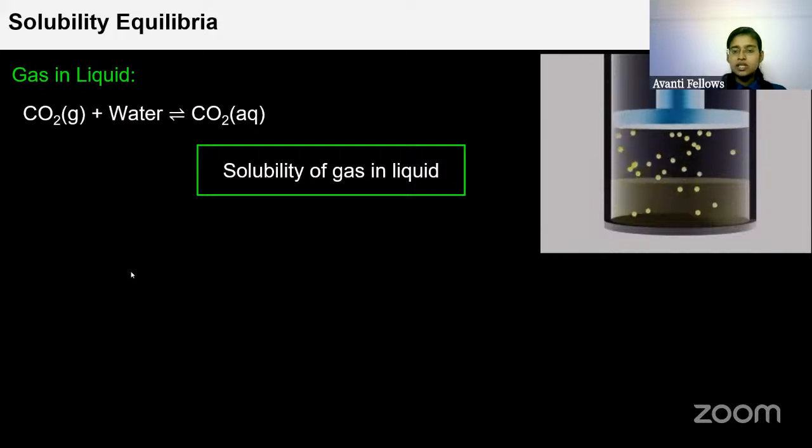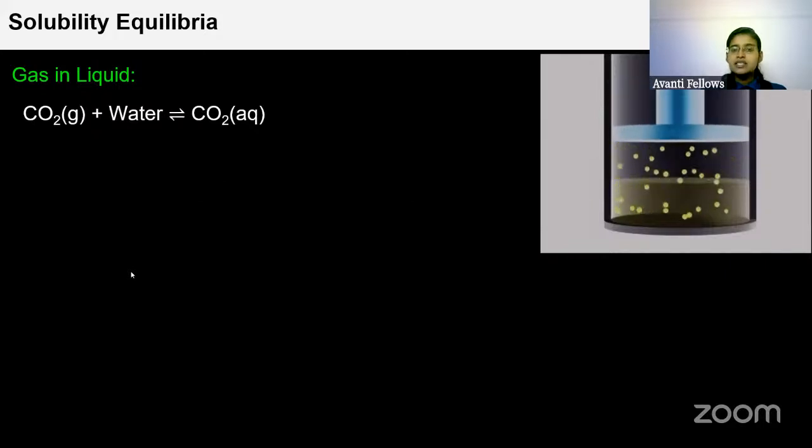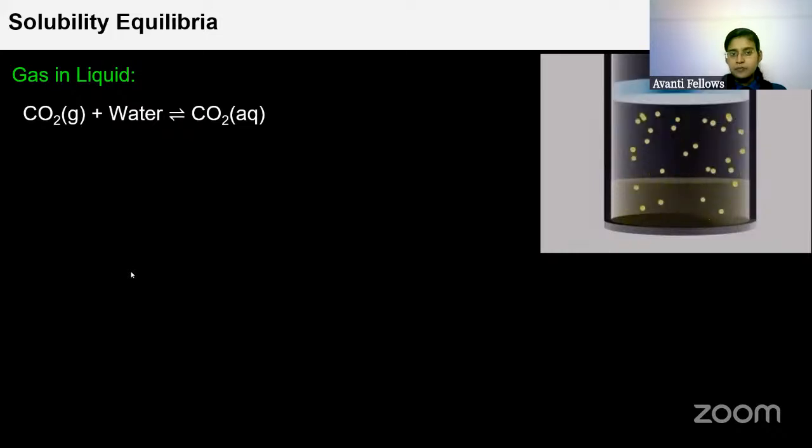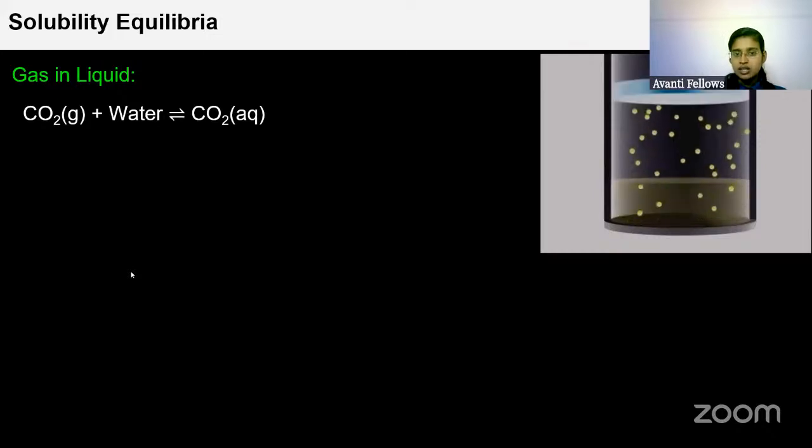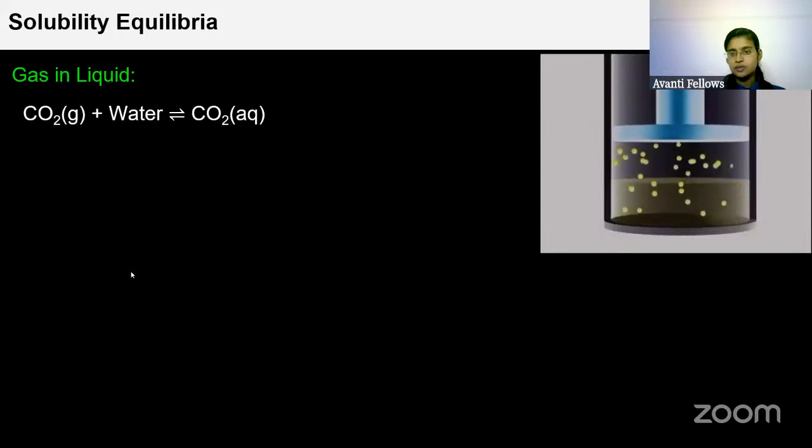So now the next is gas and liquid equilibria. Initially, I discussed solid and liquid. Now we have taken gas and liquid. The gas I have taken is carbon dioxide, and I want to dissolve this in water. So carbon dioxide gas is dissolved in water, as you can see in the picture.